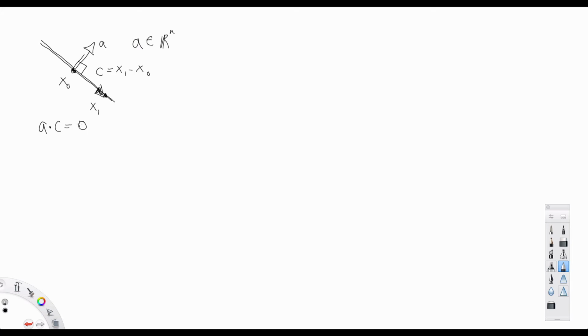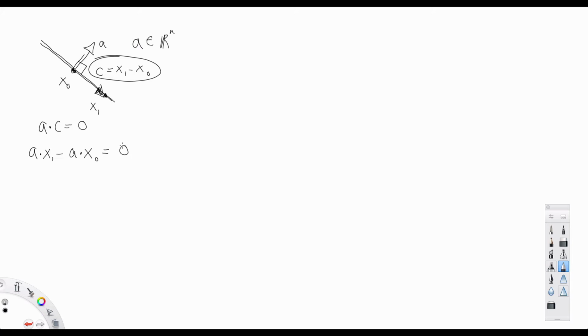If we were to expand this out, if we were to take this definition of C equals x1 minus x0, then that's going to help us get to a more general definition of a hyperplane. So if we substitute in what the value of C is, this x1 minus x0, then we're going to end up with the vector A dot x1 minus A dot x0, and that's going to be equal to 0.